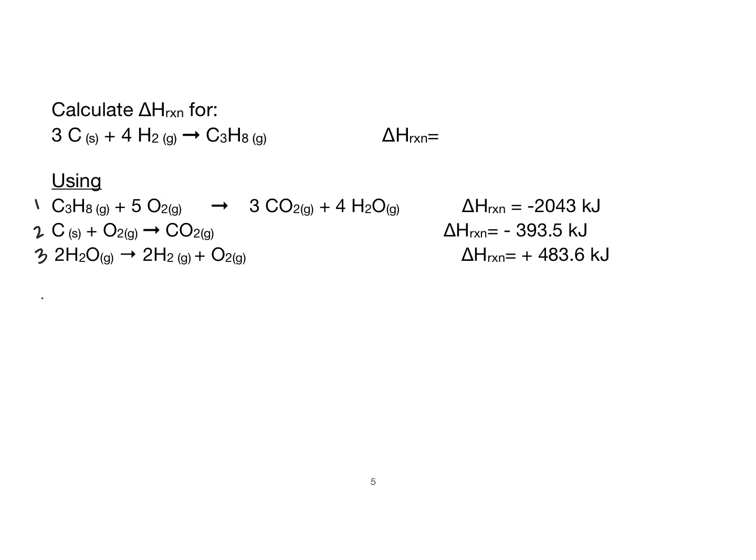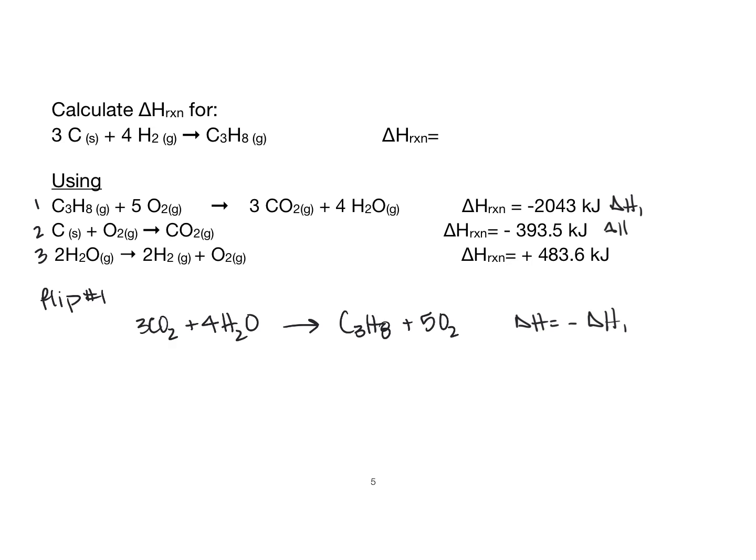So we're just going to flip number 1, and that's going to give us 3CO2 plus 4H2O, and that gives us C3H8 plus 5O2. Now delta H is going to equal negative delta H1, if this is delta H1, delta H2, and delta H3.